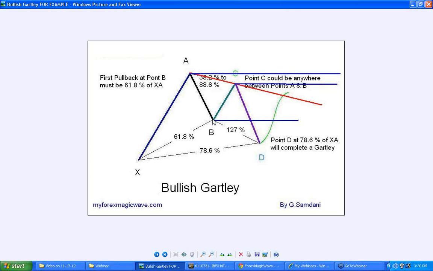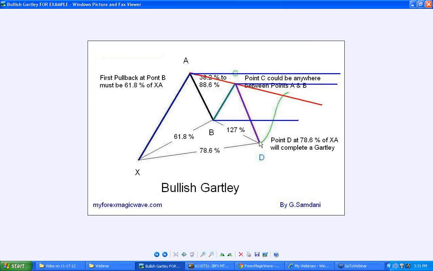So if we take out this point B, then we go for this trend line connecting point A to C in our Gartley pattern. And if that is taken out, then the target is point C, the horizontal level, and then the next one is point A, and so forth if you go above that.